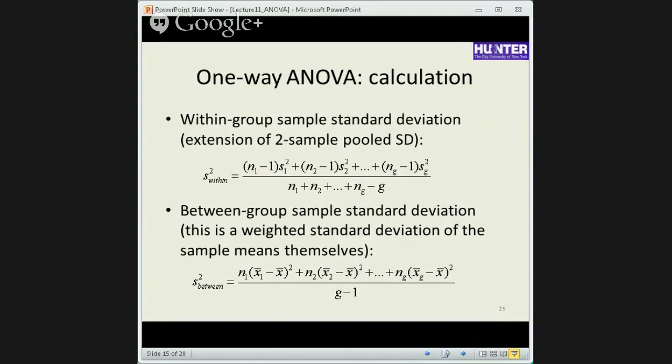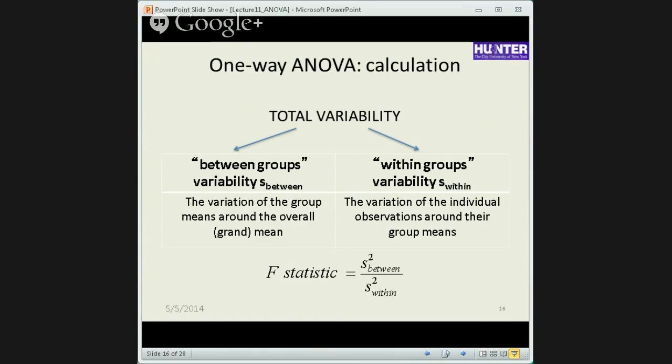So I'll show you graphically a little bit, to give you a little bit better idea of what these mean, since not everyone is that into equations. What we're doing here is splitting up the total variability in the sample into that which happens between groups and that which happens within groups. And this F statistic is just the ratio of those two.